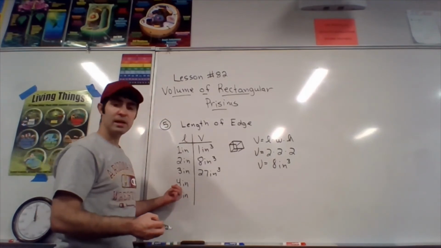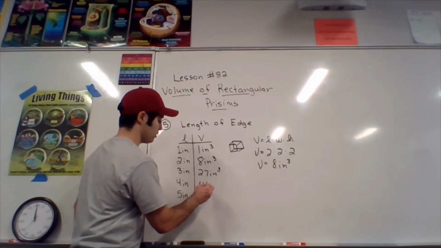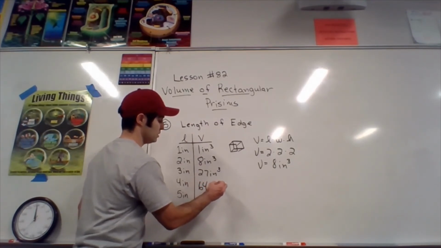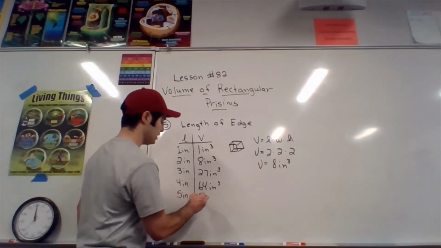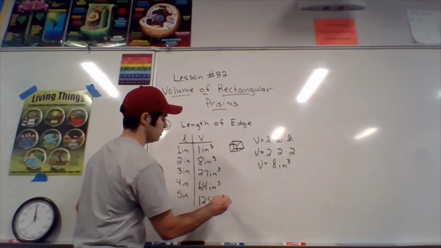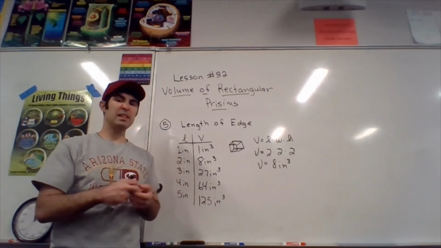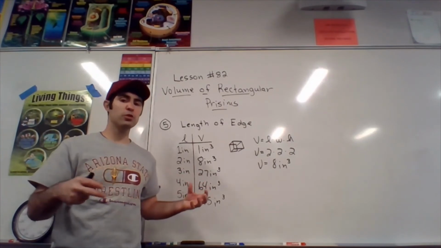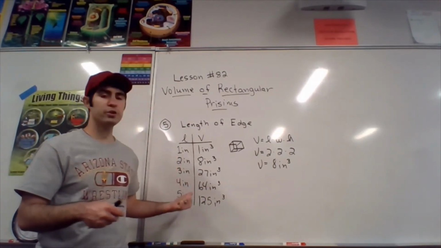Okay, this right here would be 4 times 4 times 4, which would be 64 inches cubed. And this would be 5 times 5 times 5, which would be 125 inches cubed. As you can see, there's an exponential growth every time you increase just 1 inch on your dimensions.